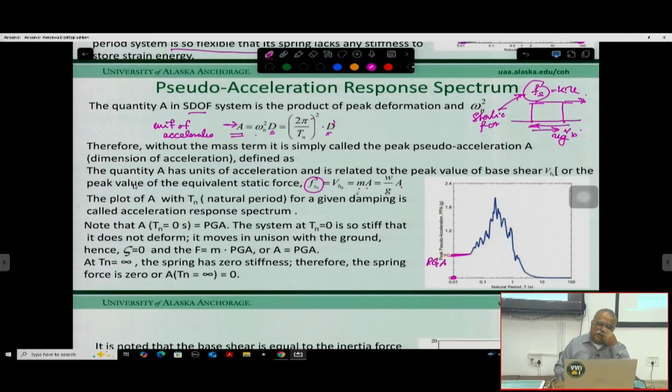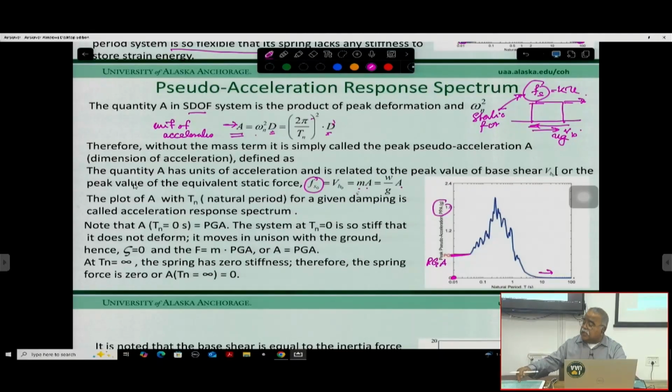So at the Tn equals to 0, or the 0 time period, whatever the spectral response or whatever the pseudo acceleration response, that will be equals to basically the peak ground acceleration, right? So it starts with the peak ground acceleration, and as it goes to the high frequency, it becomes gradually 0, right?